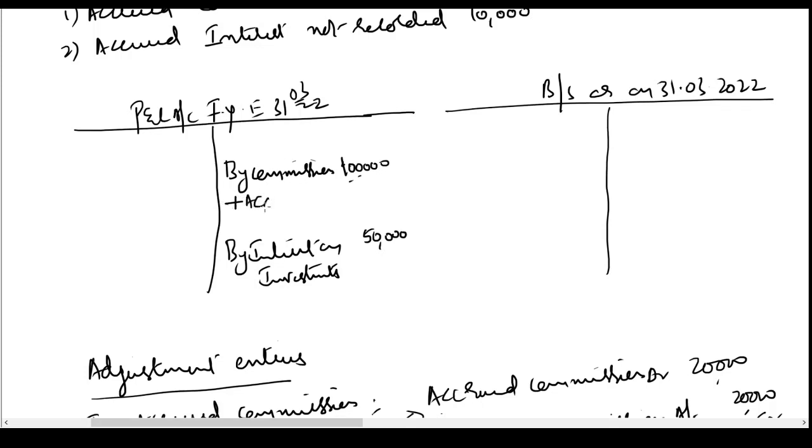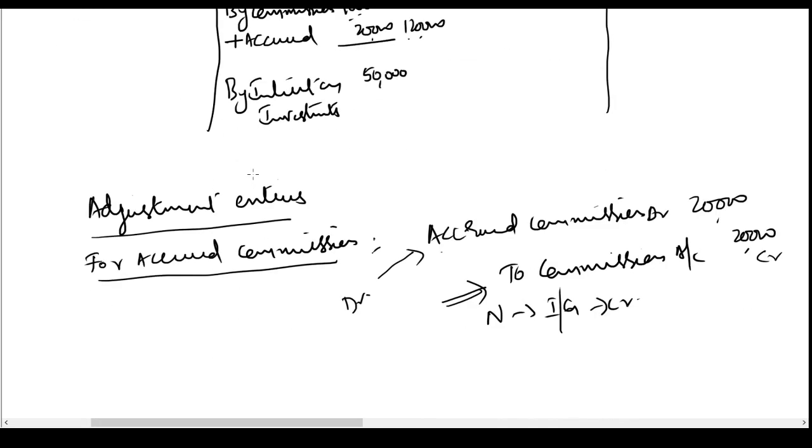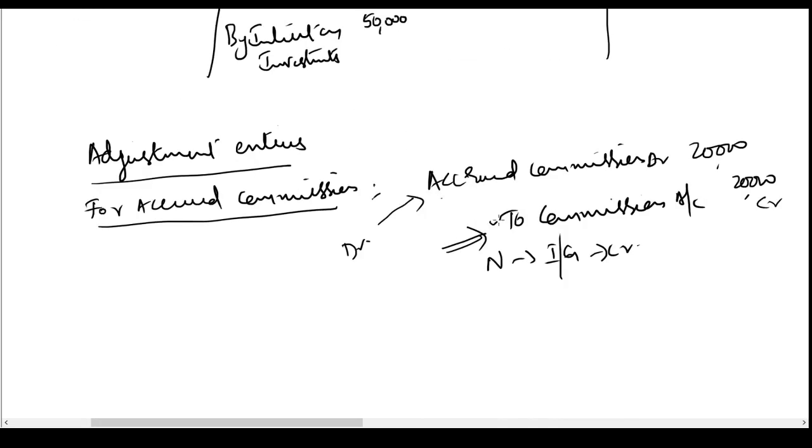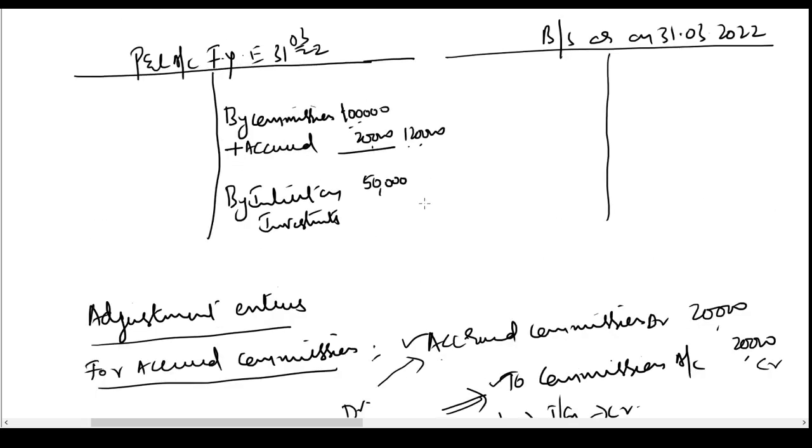Plus accrued 20,000. In the outer column, I can show 1,20,000. So this is the impact of the credit. What about the debit? Accrued commission account will show a debit balance of 20,000. It is a receivable for the business. It is a debtor for the business. So we'll show it as an asset in the books. Accrued commission, 20,000.